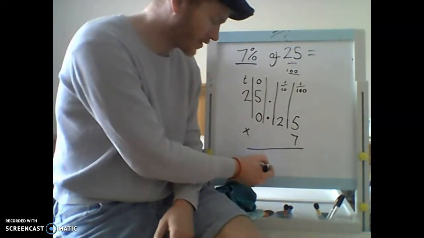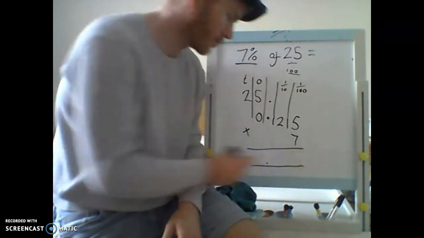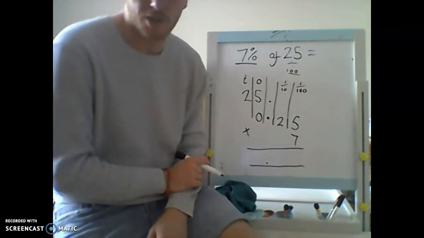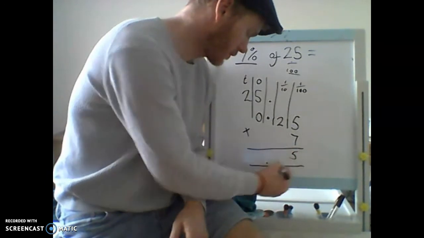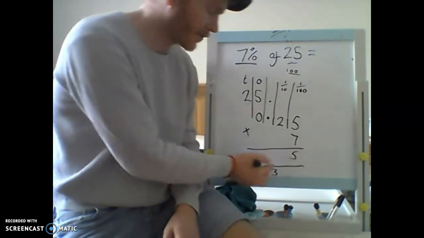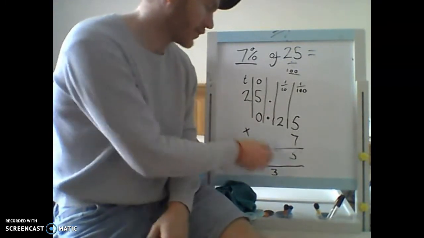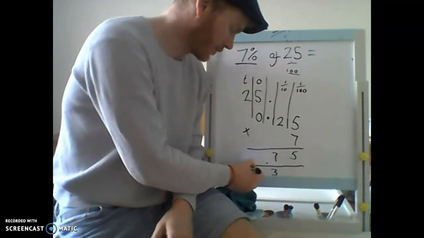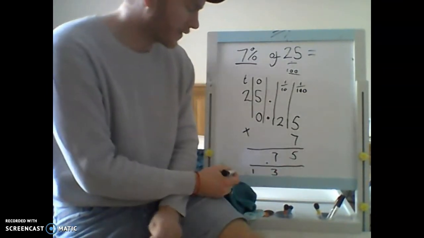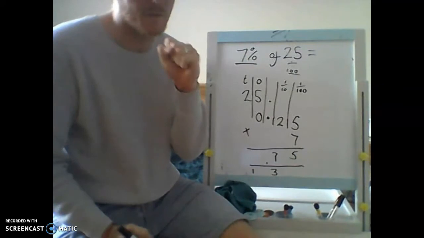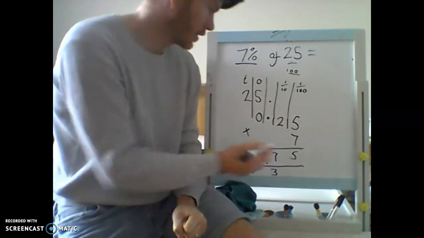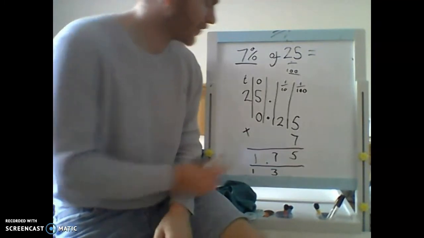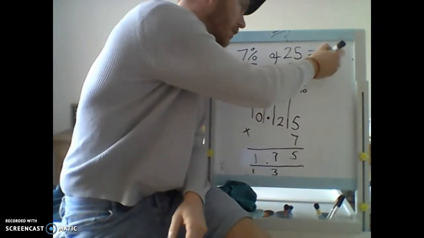The decimal place stays the same, doesn't move. 7 times 5 is 35. 7 times 2 is 14, and remember that we add the number underneath, even though we're multiplying. 14 add the 3 is 17. And then 7 times 0 is 0, and anything multiplied by 0 remains 0. But we have 1 here. So 7% of 25 is 1.75.